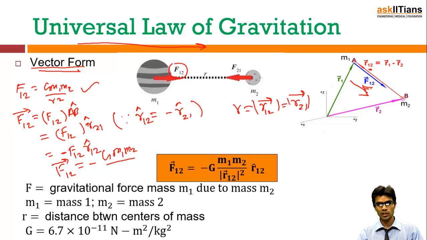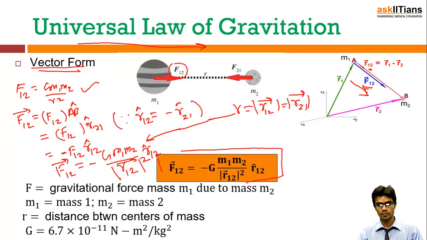So put this value here. We can put either one, so we are putting R12 in terms of magnitude and then square. Now put in this unit vector, the R12 unit vector. So this is the final formula written here.